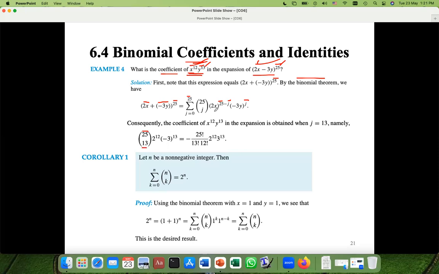Then you can write, this is the x, this is the variable, this y is also a variable, but this 3 inside, this 2 inside, must also be part of the coefficient.